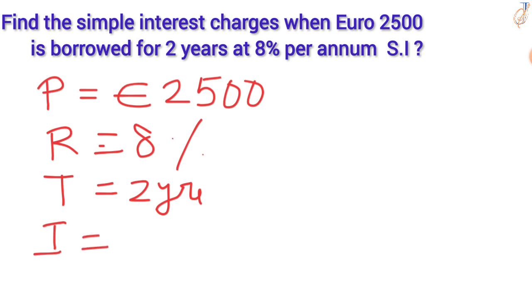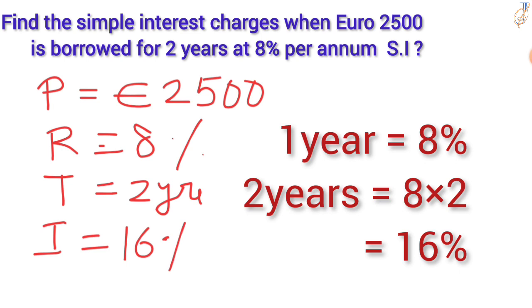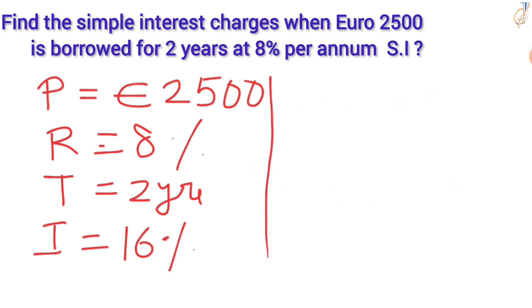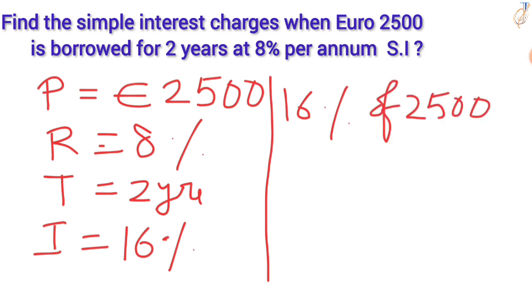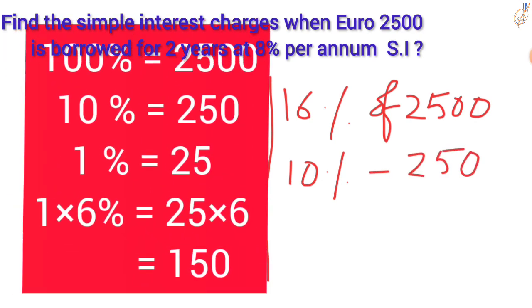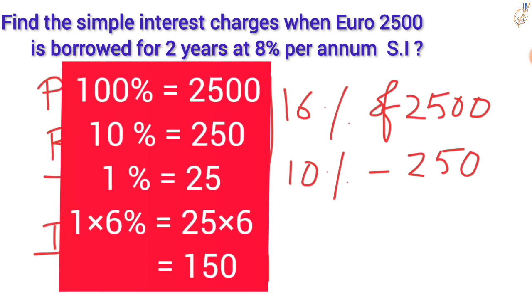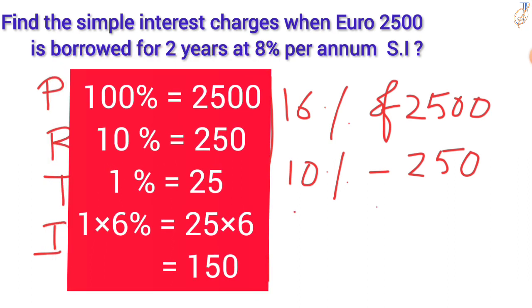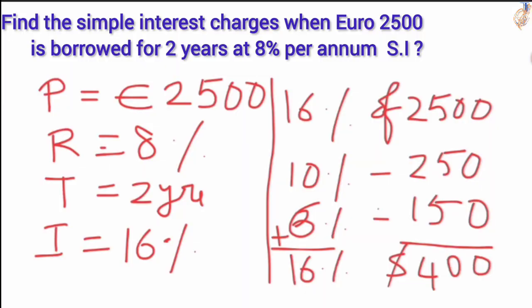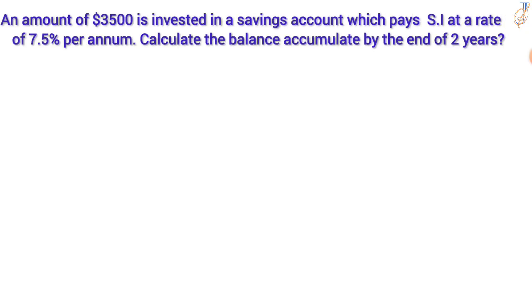How will you get the interest? For 1 year it is 8%, 2 years is 16%. So just find what is 16% of 2,500. 100% is 2,500, 10% is 250, 1% is 25 and 6% is 150. Interest is $400.